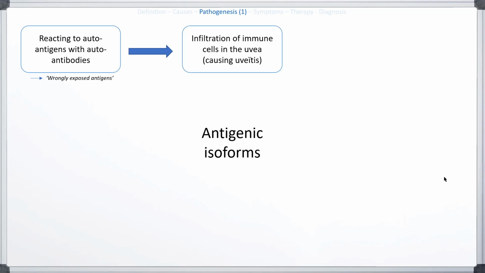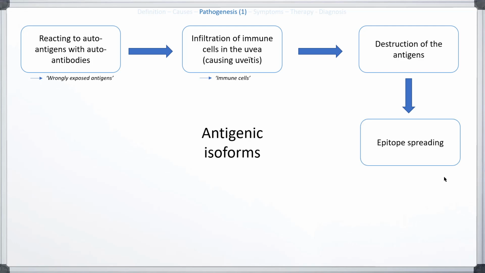Because of these antibodies that react to the exposed antigens of the uvea, you will get an inflammation of the uvea. This inflammation will attract all kinds of immune cells. Immune cells like macrophages, neutrophils, B cells, and plasma cells will cause uveitis. Eventually, this specific antigen that was wrongly exposed and attacked will be destroyed by the inflammation, and therefore uveitis will be cured.